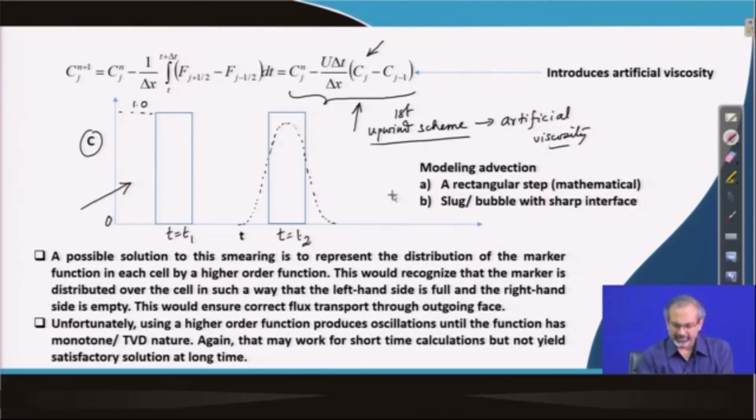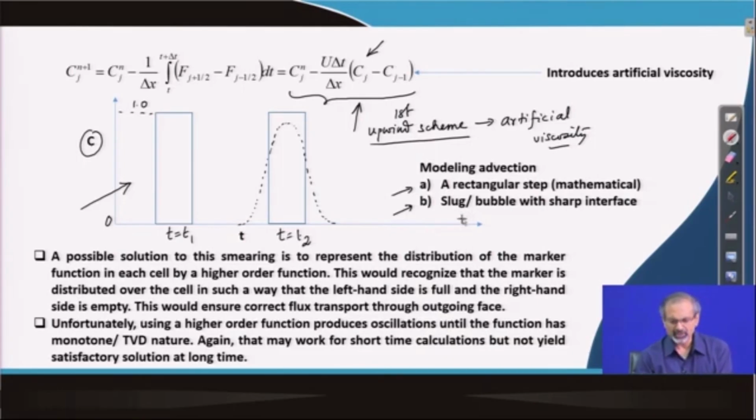Now, here mathematically we are modeling a step function, but if you talk about a mechanical or application orientation to this problem, this distribution of color function may actually mean a bubble, a presence of a bubble or a slug inside a pipe, and that is being indicated by the sudden change in the color function, because there is a phase change as you cross from the liquid to the bubble and then from bubble to the liquid back.